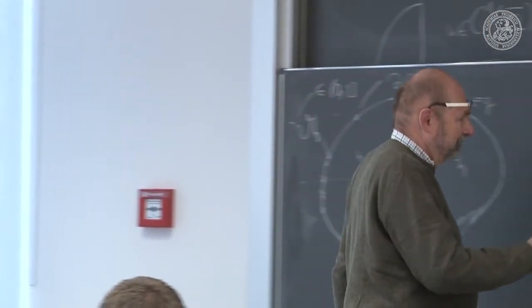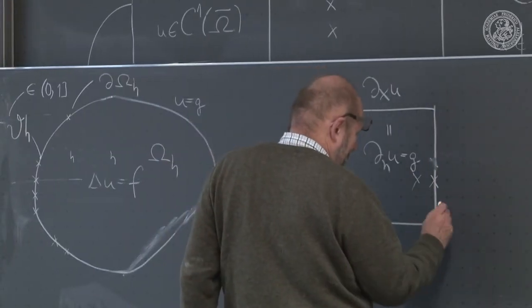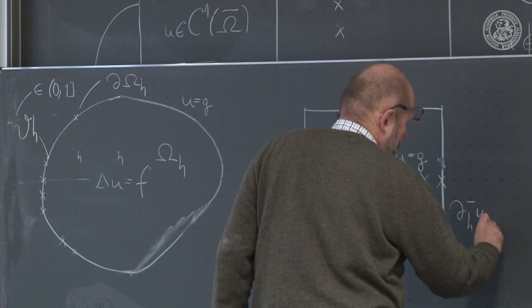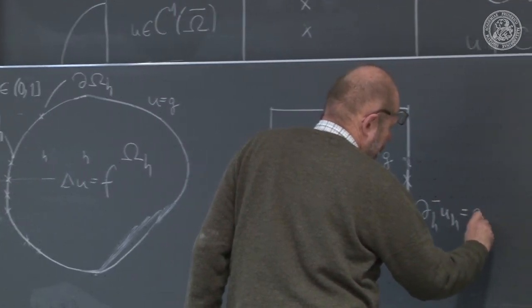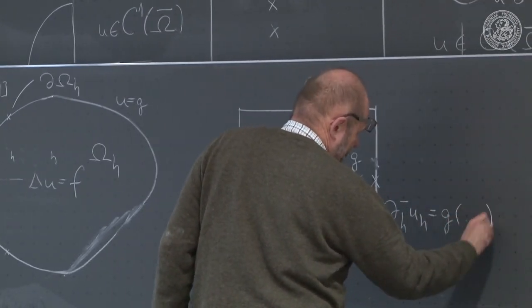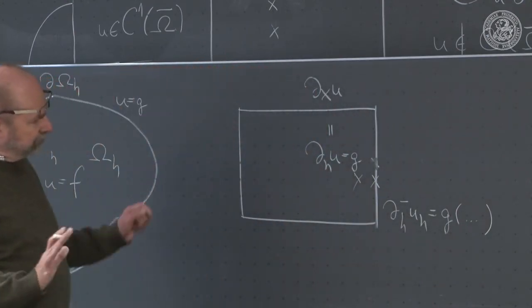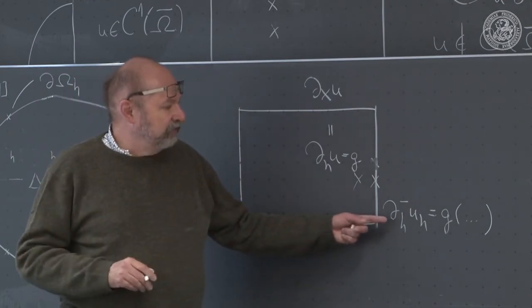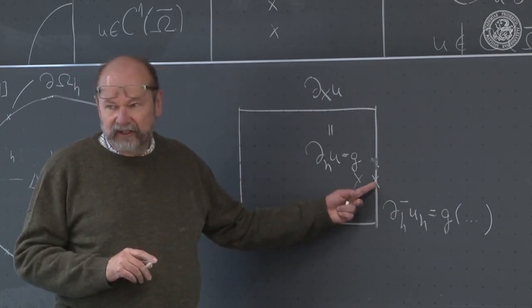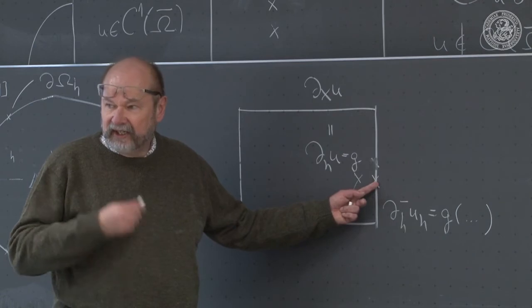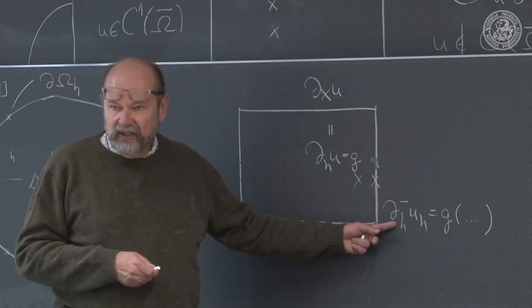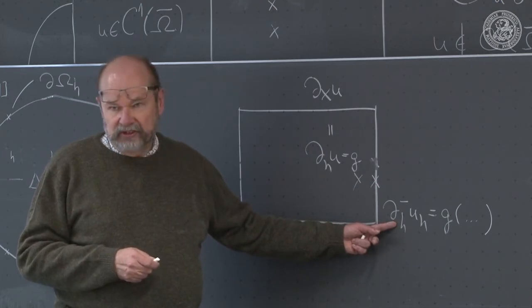So we do backward. We have something like, I use this notation, delta minus h, u_h equals g at this point here. Computationally, everything is okay. We have added a further equation for this unknown value. This value is now not directly given, as in the Dirichlet condition, it's given via this further boundary condition. So it's just an equation.